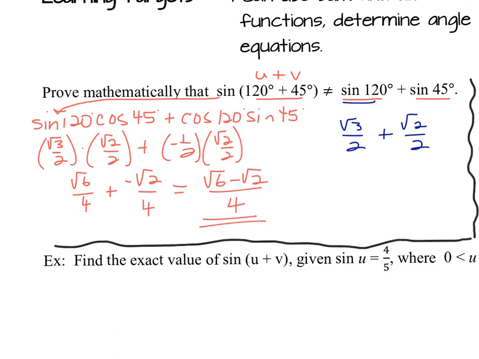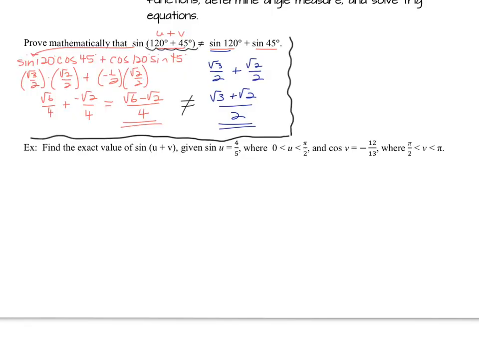To add, we have a common denominator, but recognizing that the numerators aren't like terms, we get square root 3 plus square root 2 all over 2. And that would be the answer on that right-hand side. This validates that we can't just split it up into two parts. We have to expand when we have that parenthesis option.